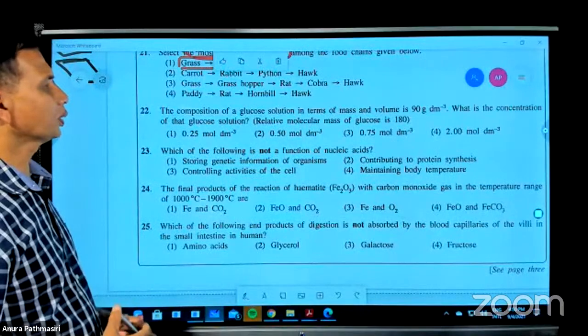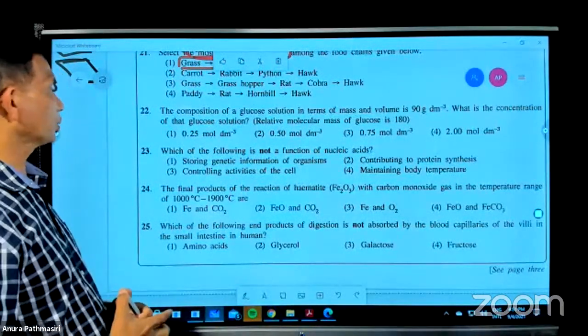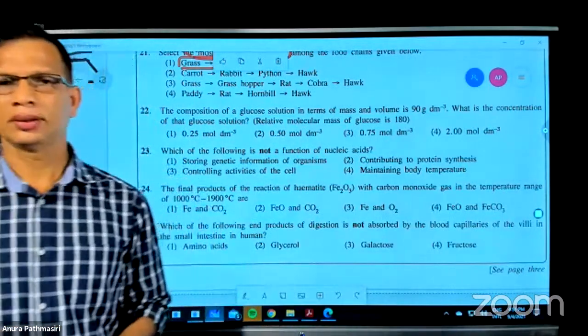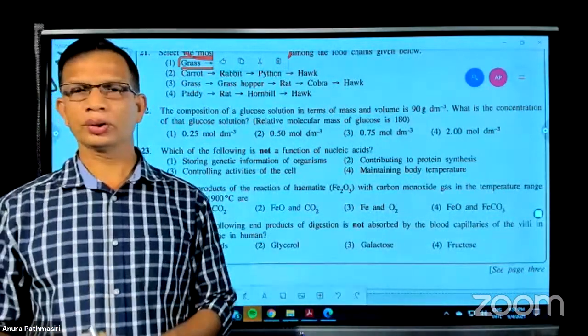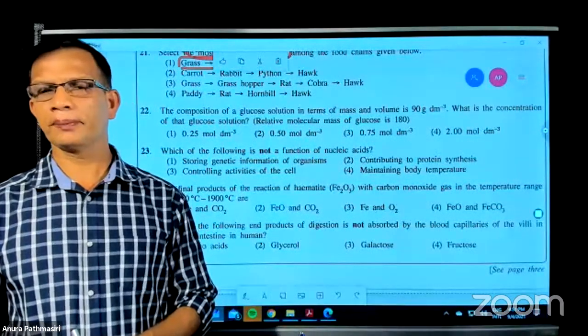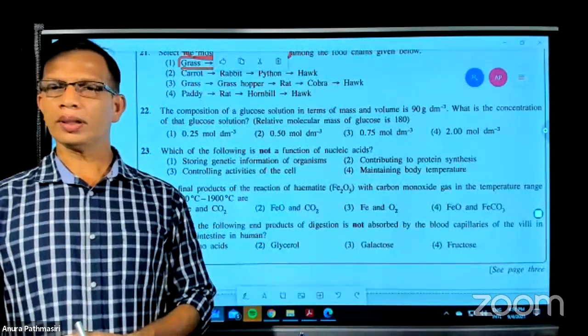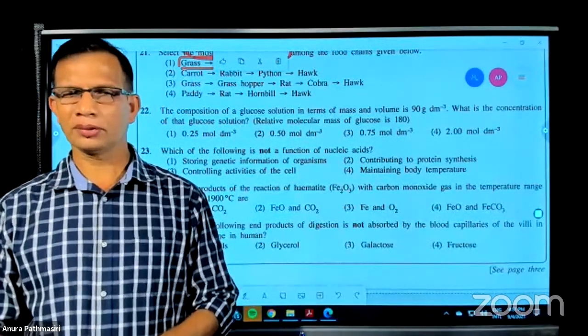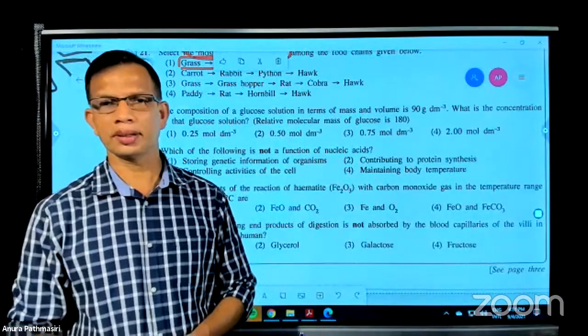The composition of a glucose solution in terms of mass and volume is 90 gram per cubic decimeter. What is the concentration of that glucose solution? The relative molecular mass of glucose is 180.